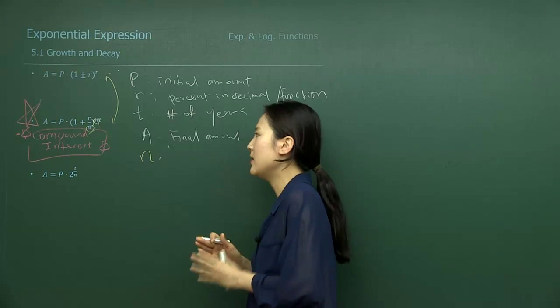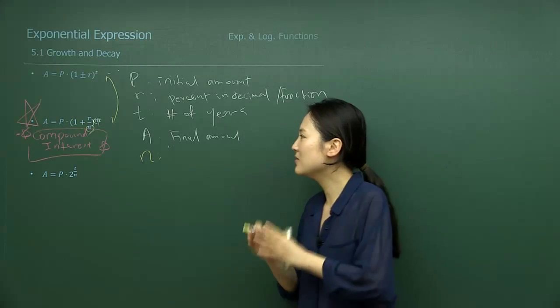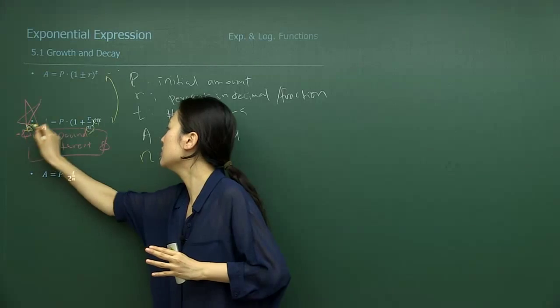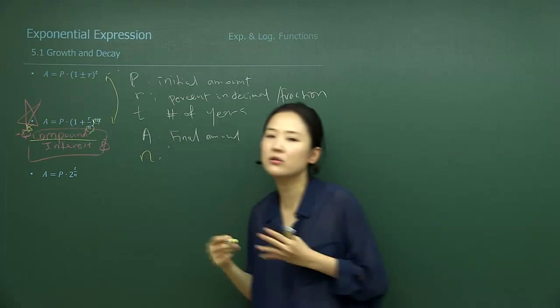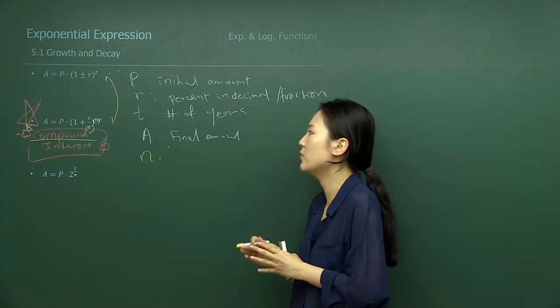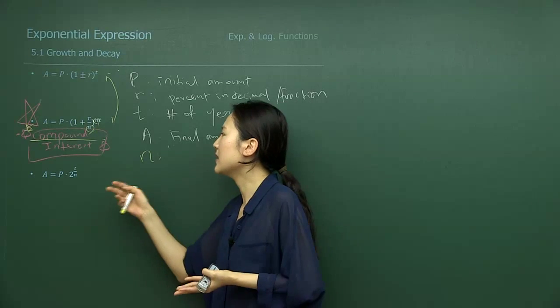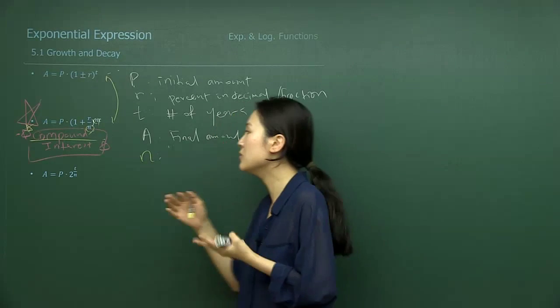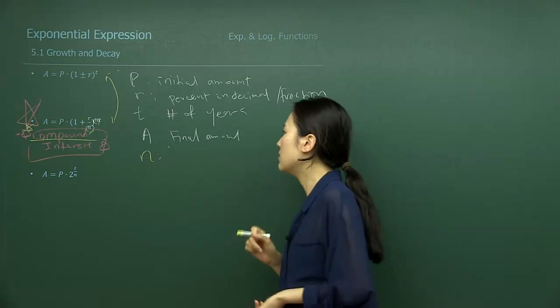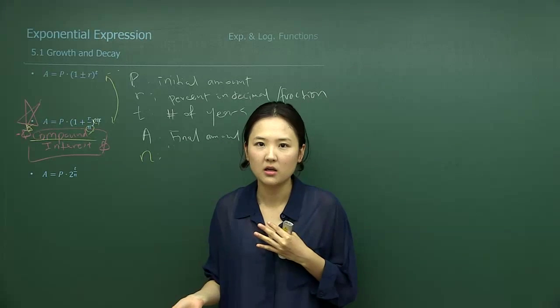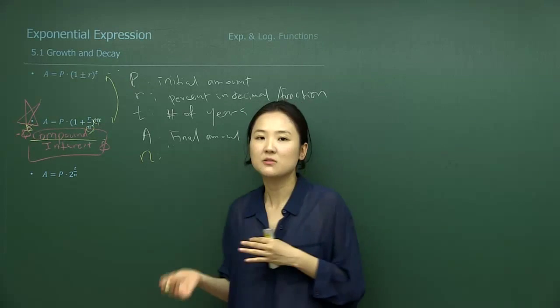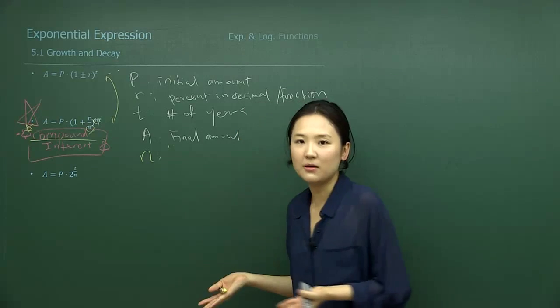And usually the question actually uses the word compounded, right? So you don't have to worry about understanding when to use this or not. They do say it is compounded quarterly or every 6 months or daily, right?